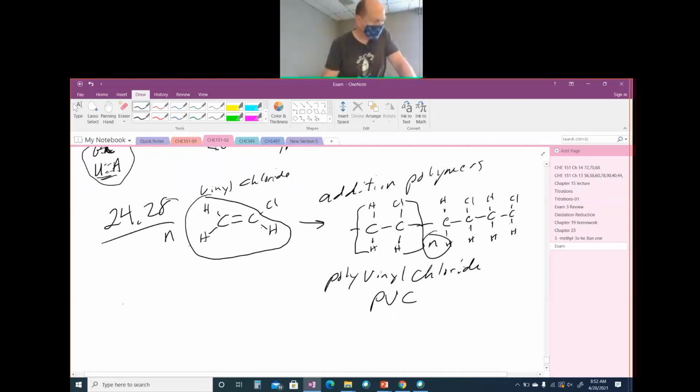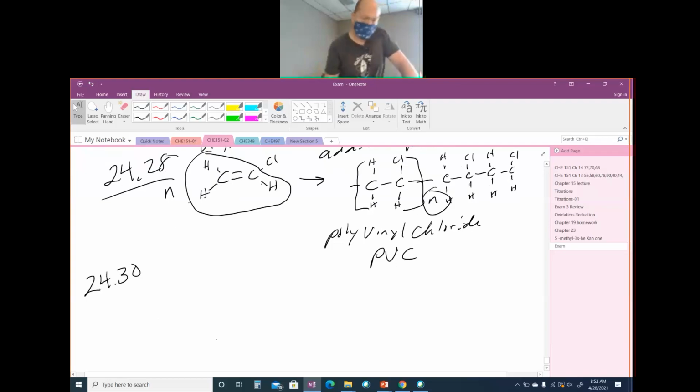All right, the next polymer on 2430 is a condensation polymer. So it has a C double bond O, CH2 sub 10. Then it has a C double bond O, and then an NH bonded to a CH2 sub 6.